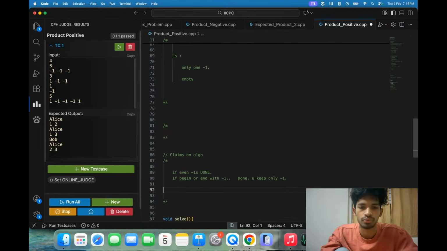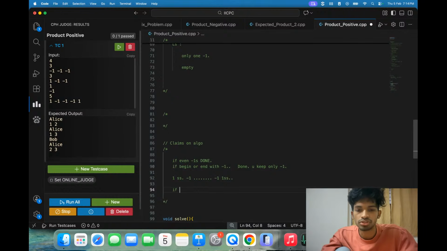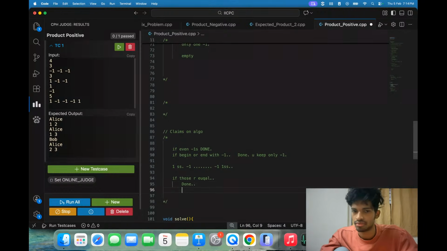So now what would you do? You have ones, you find the first -1, you have the last -1, you have ones, okay? If these two are unequal, you can start from here or here. Whichever is the bigger side, you remove all of them and then you make them equal, done. If those are equal, done, based on the number of -1s.